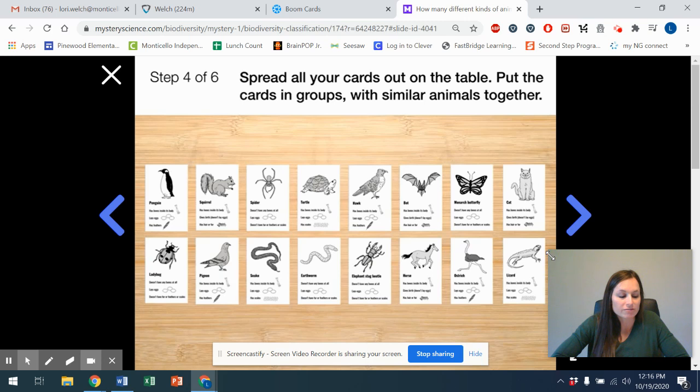Remember to look at the different characteristics underneath each animal and see if you can group them together. Remember, if there's an animal where you can't figure out where it goes, just put it off to the side.